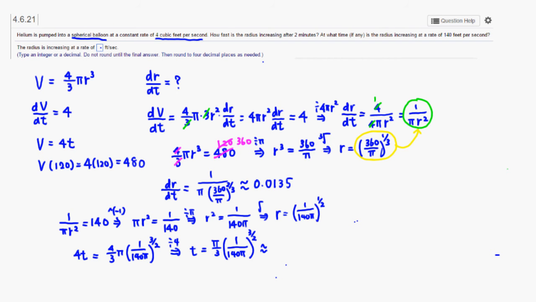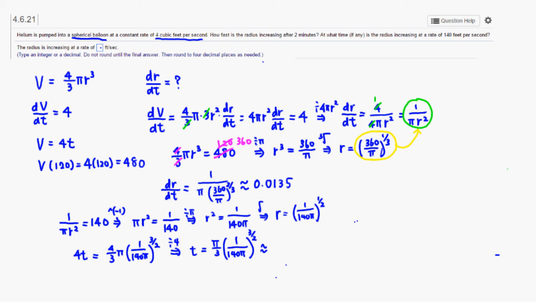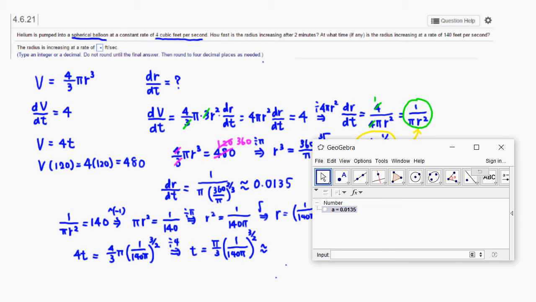Let's see, what's the precision they want? They want 5 decimal places, right? So let's do that. I'm going to find that value. So it's pi over 3 times 1 over 140 pi, raised to the 3/2 power.